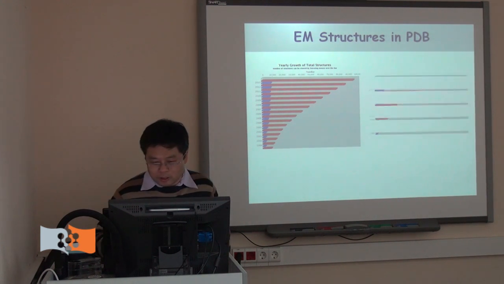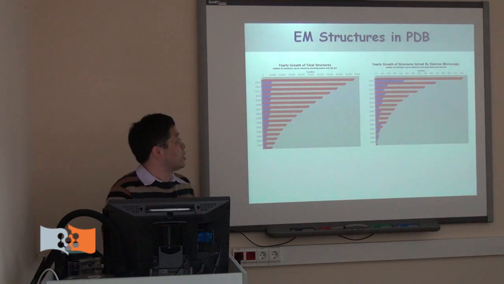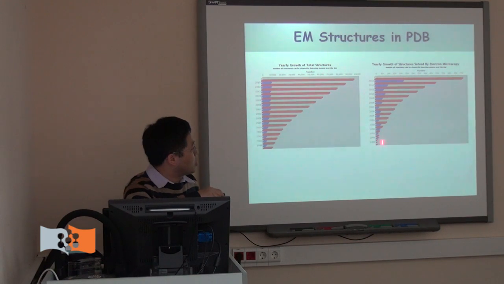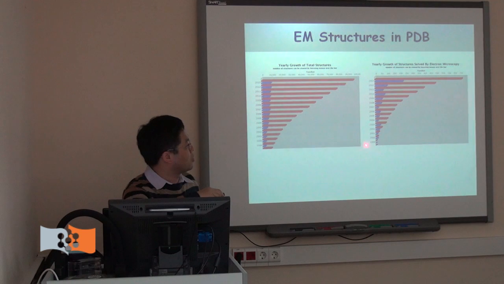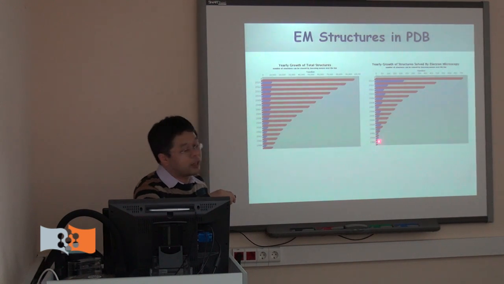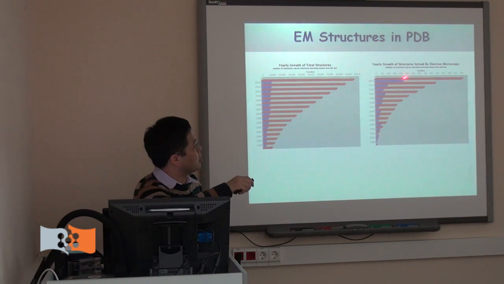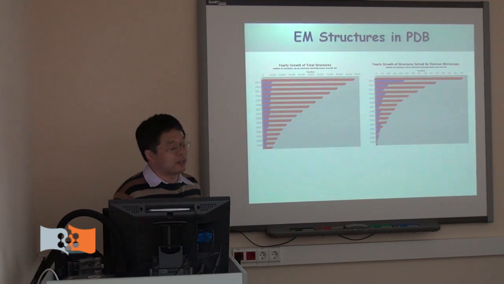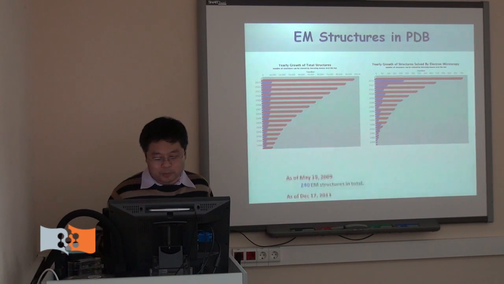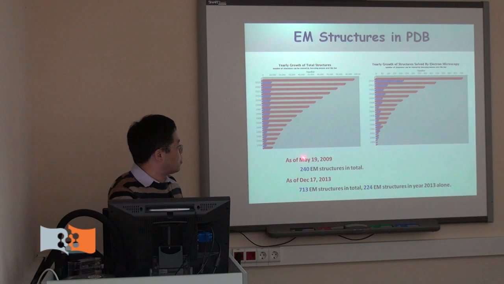But if you look at the contribution by the EM field, the first structure deposited by the EM field was around the 1980s. Now you can see it getting more and more, especially in recent years. There is a breakthrough in how many structures are solved by the cryo-EM field. This is my personal statistics.